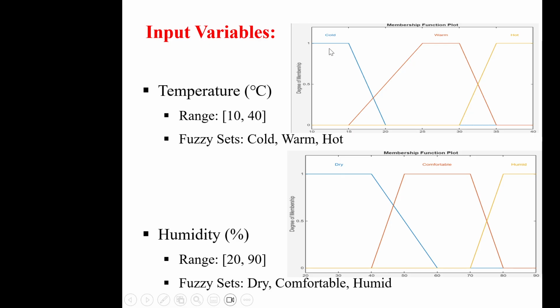Apart from that, we can make use of sigmoid. Sigmoid, based on the pronunciation, is the shape that assumes an S, the shape of S. But here we are making use of the trapezoidal shape to represent cold, to represent warm, and the third one to represent hot.